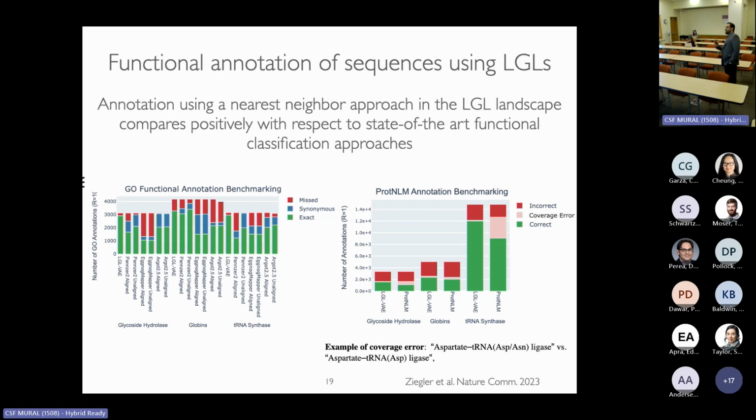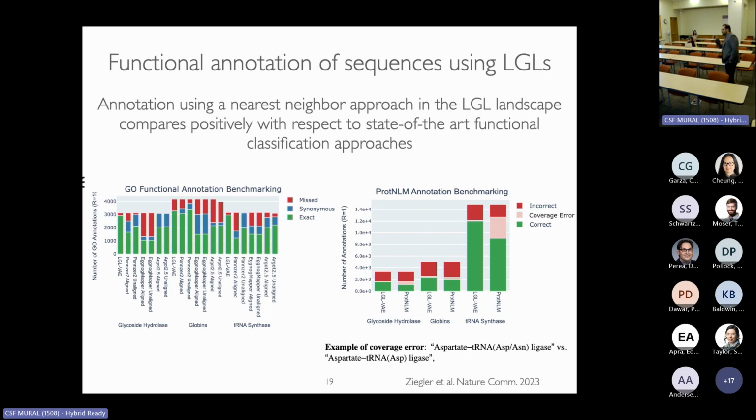And we realized that just by doing this proximity, we can do a better job, or at least as good a job, at predicting the function of this protein just by the location in this landscape. Right? Here, I'm showing a comparison against a language model, and we see that LGL VAE, that's our method, and NLM is a language model that does something similar.